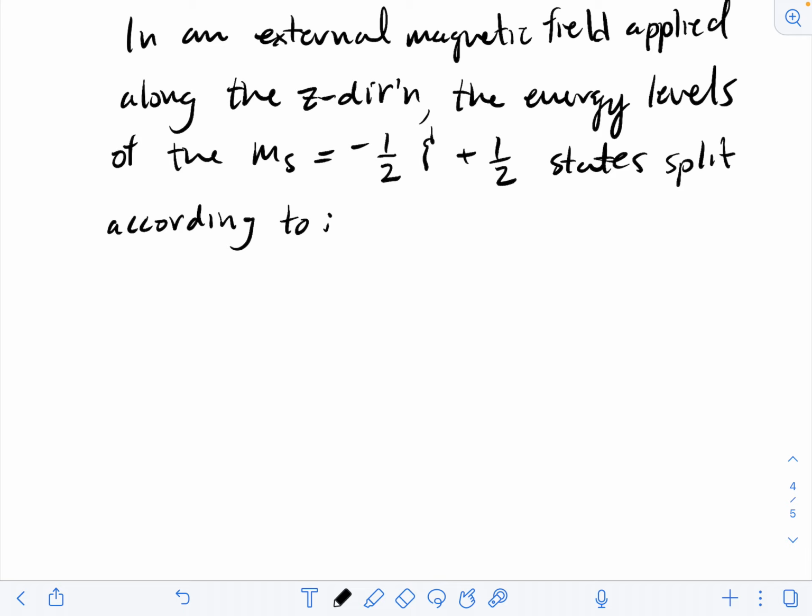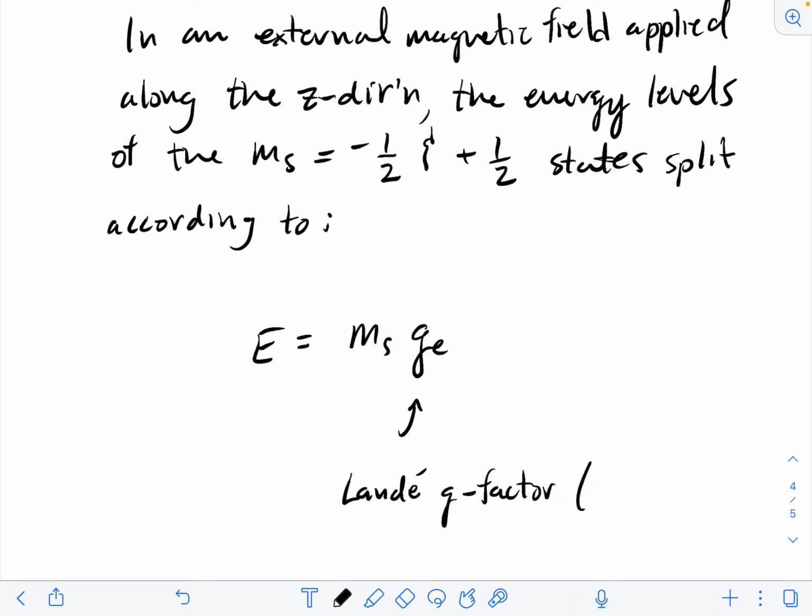And so this energy splitting is given by E is ms, the spin angular momentum along the z direction, times what's called the Landé g factor. It has a value of about 2 for free electrons.